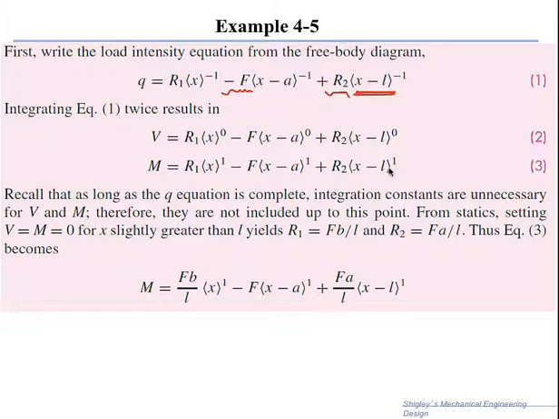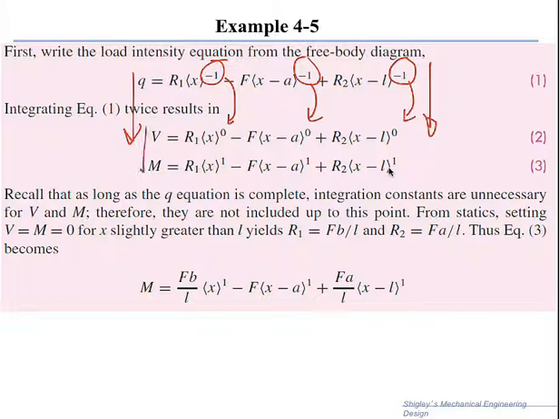Now the nice thing about singularity functions is that integration all it does is raise the powers. So you go from Q to V, you raise the power from minus 1 to 0, for all of them. And then you go from V to M, you raise the power from 0 to 1 for all of them.